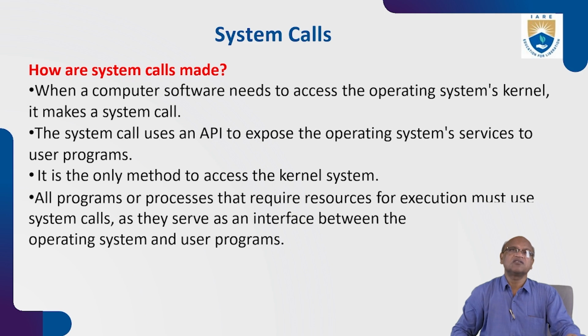So how are system calls made? First of all, we should understand how this OS is made, how this OS is designed. For designing an OS, we have to write different programs, compile them and add them to the package.